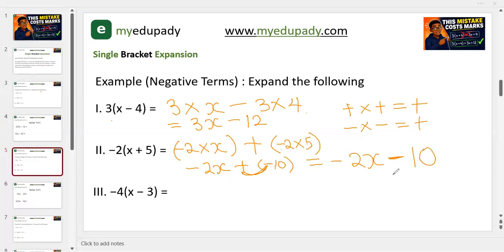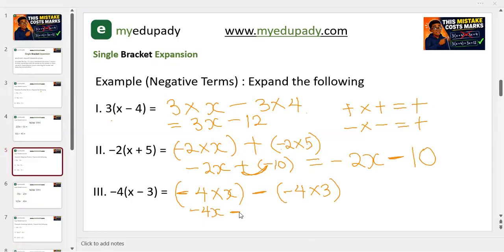So let's take a look at the third example. That gives minus 4 times x. Like I said, you can put this inside a bracket so that it's easy for you to work out. Then minus, this minus, then minus 4 times 3. So minus 4 times x is going to give us minus 4x.